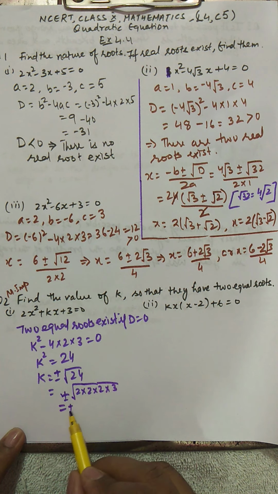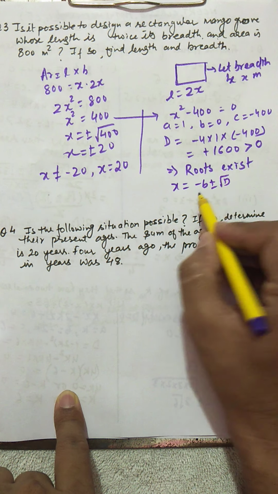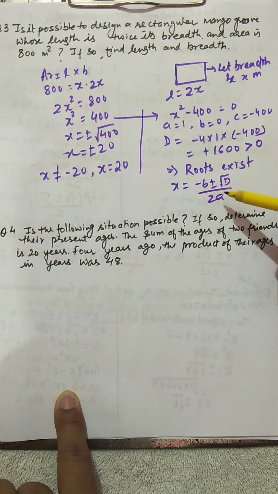You apply the quadratic formula, x equal to minus b plus minus under root D upon 2a. But this is up to you. I suggest you should use this, because this is directly giving you the answer. There is no need to use this formula this time.